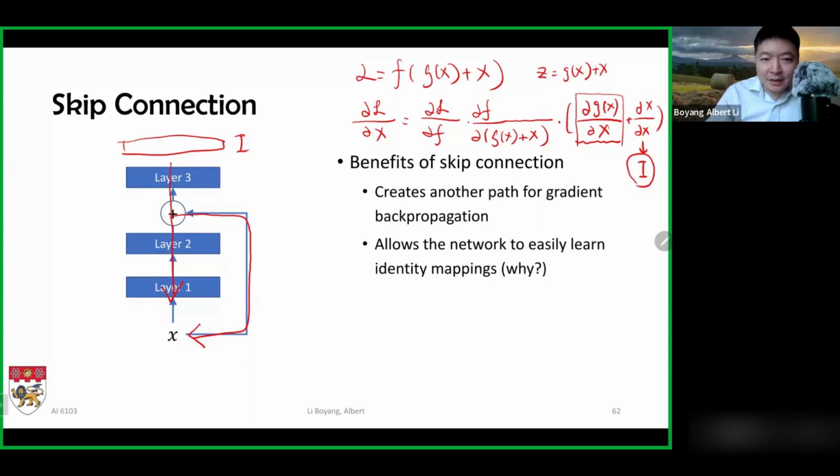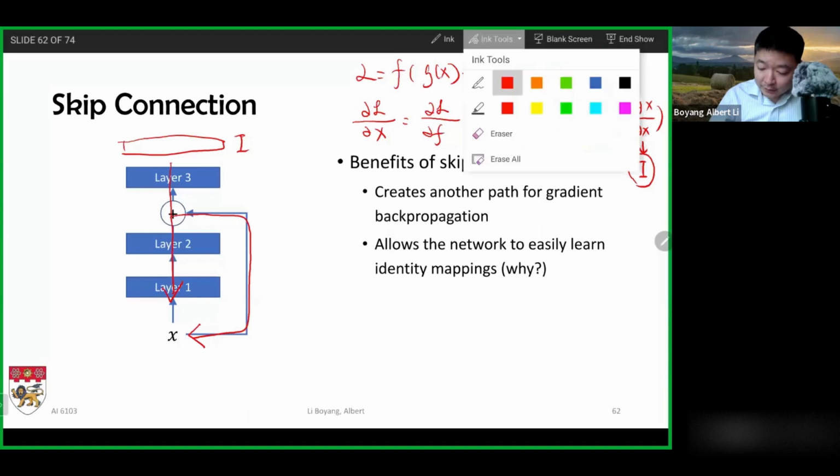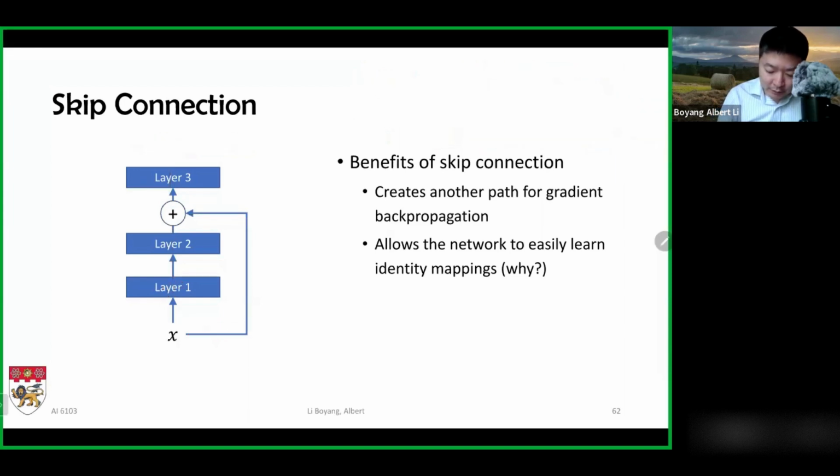So in order to learn an identity matrix or identity operation with these network layers, if we have the skip connection, the easy thing to do is simply to set all the weights here to be 0, so that these layers are effectively non-existent, and we will have some identity mappings, right? So by doing this, the authors hope to be able to train networks beyond 20 layers.